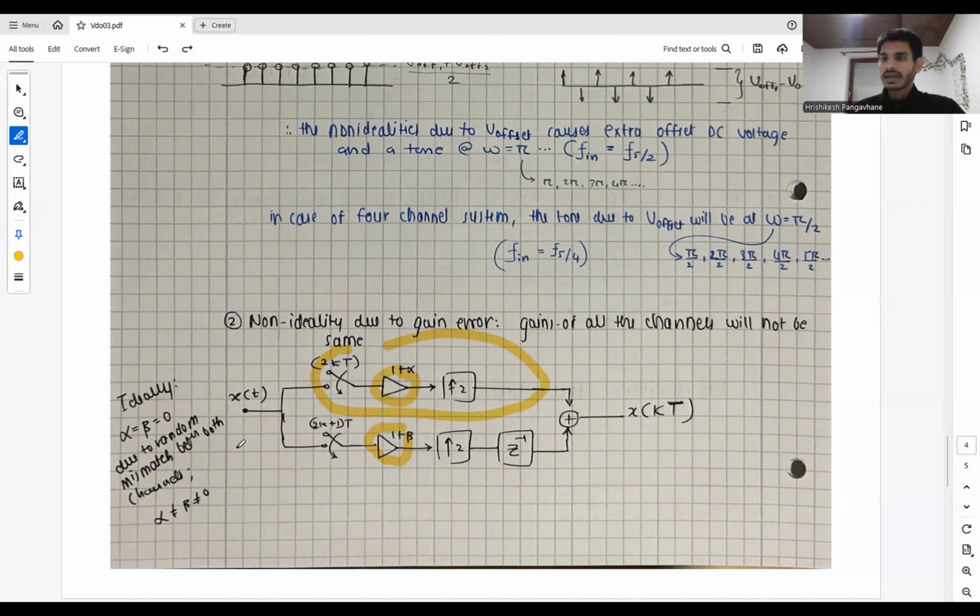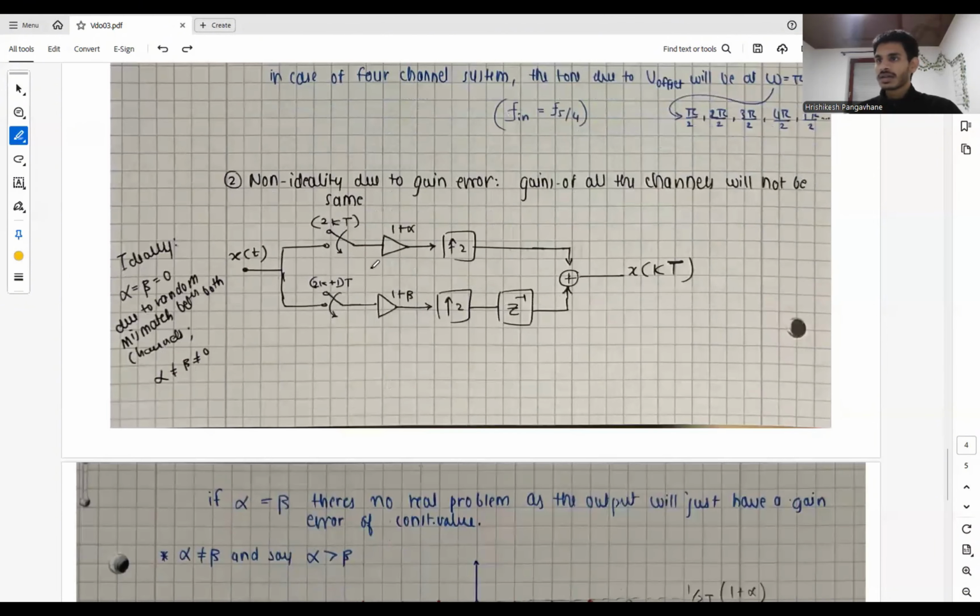But now, due to random mismatch between both channels, which are represented mathematically here, when we design these channels we will have mismatch between the components, even though we use the same components. I've talked about this in my other playlist, so you can refer to those videos. In reality, alpha will deviate from beta somewhat, and they both will not be equal to 0.